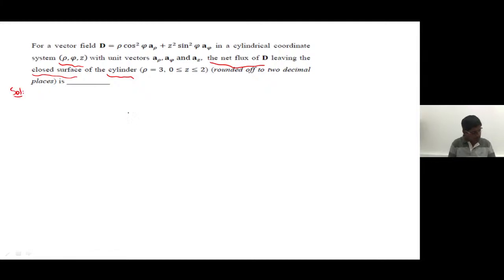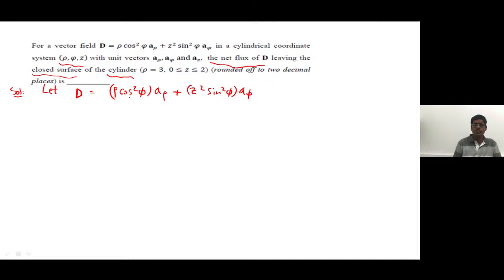So please take care. Let capital D equal rho cos square phi, keep it in brackets, into a rho plus z square sin square phi, I am denoting phi for comfortable purpose, into a phi.